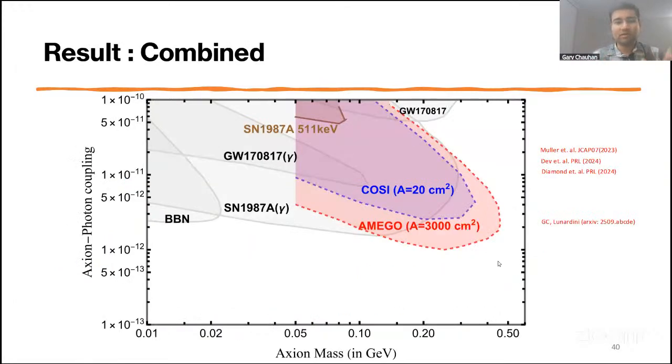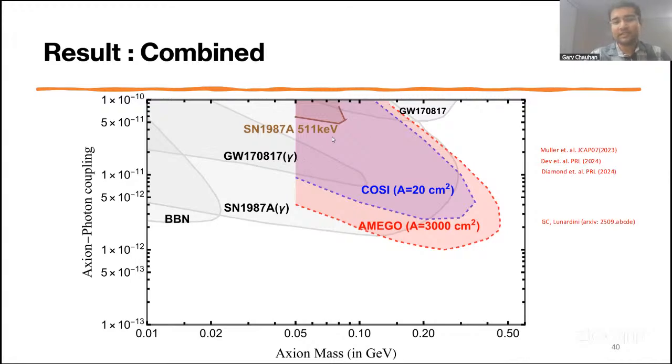So the final plot looks like this. This is the axion-photon coupling on the y-axis, axion mass on the x-axis, and then you have some existing bounds from BBN, some existing Supernova 1987A bounds, as I discussed, similar to how it was for sterile neutrinos, and some existing bounds from the gravitational wave event that we saw for the binary neutron star merger in 2017.